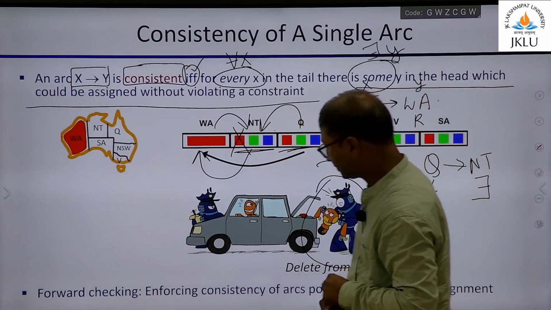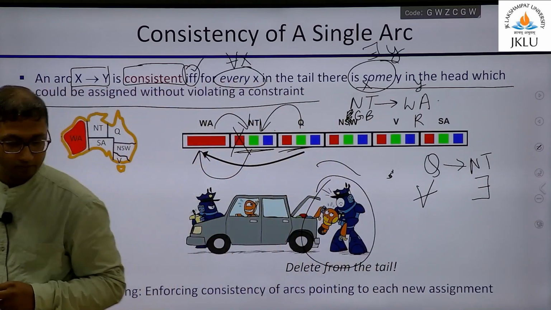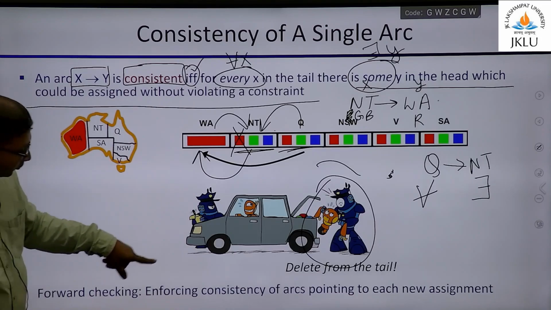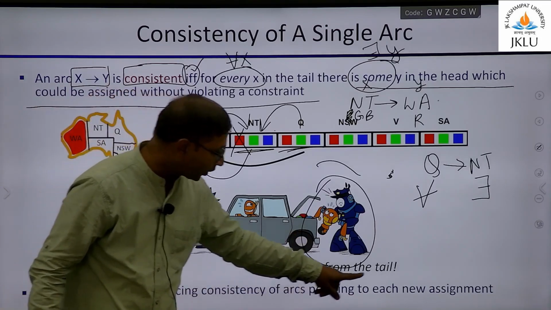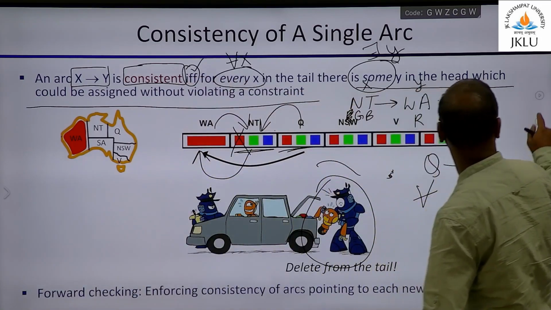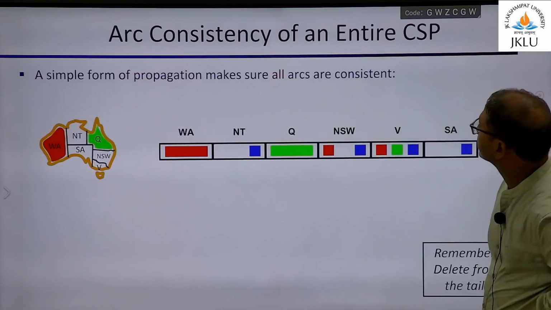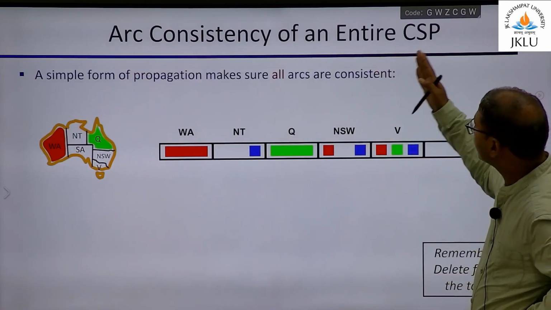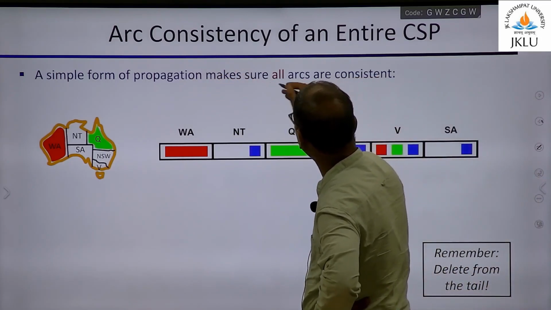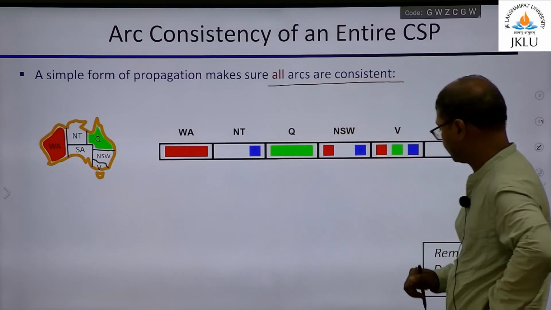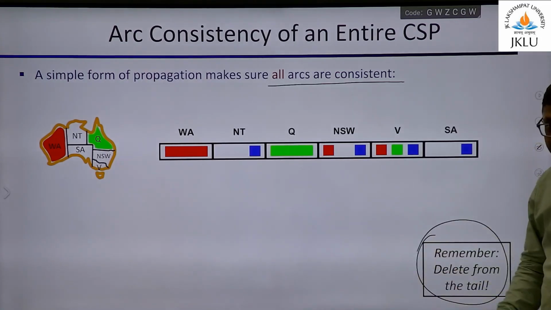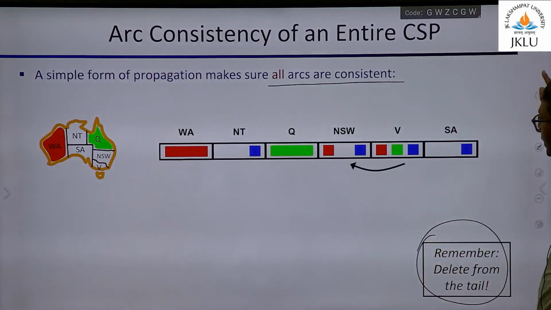More questions here. So forward checking in this case is enforcing consistency of arcs pointing to each new assignment. Arc consistency of an entire CSP: a simple form of propagation makes sure all arcs are consistent. And then again they say remember delete from the tail and not from the head.